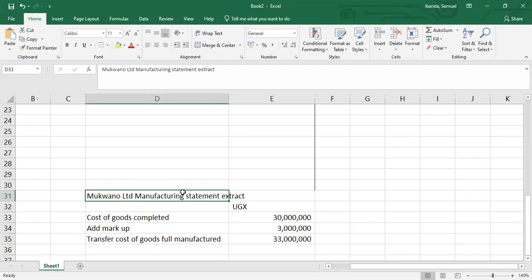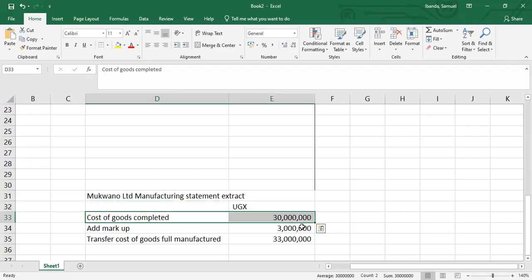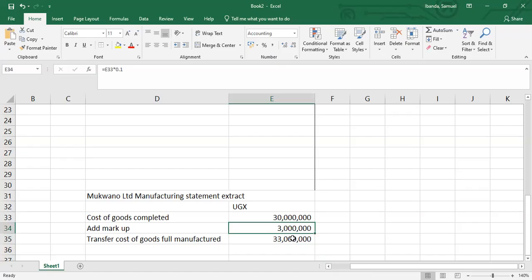The reason why every time they ask you to draw an extract, it means that you don't need to put all the other information above. Now, in this case, the information they gave us is very limited. They only gave us the cost of goods completed. But just in case this was a bigger question where they gave us the direct raw materials, the direct labor, the direct expenses, and the factory overheads and so on, then we'd go ahead and do that. But in this case, they computed everything and gave us this value, and all they want us to do is add the markup and determine our 33. So that is very important.